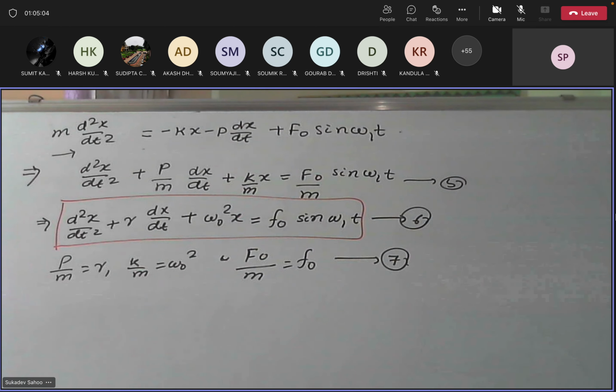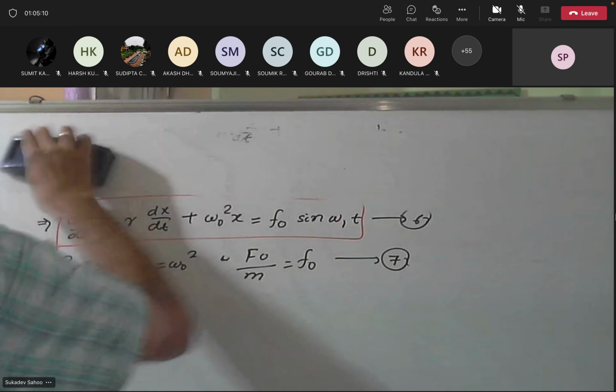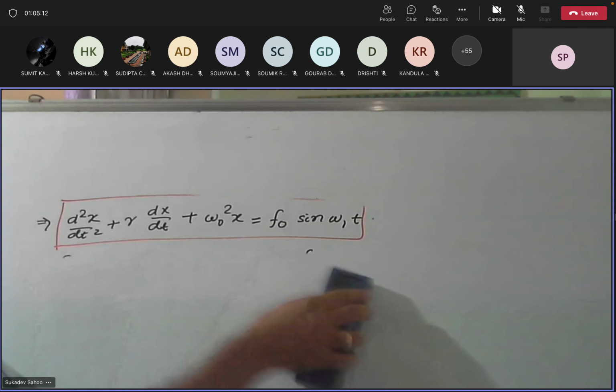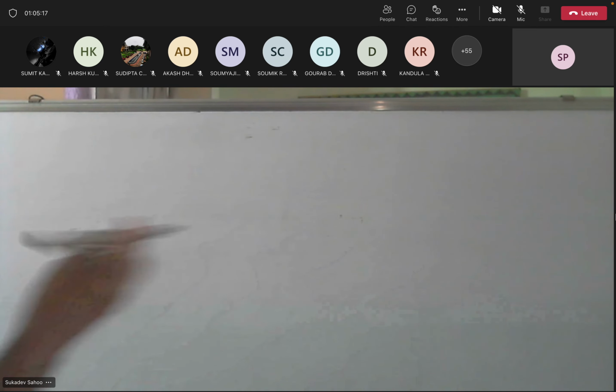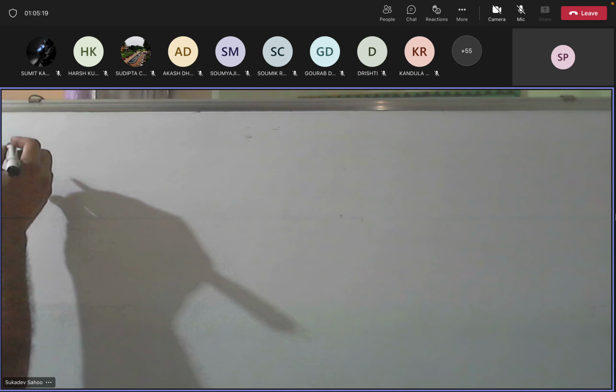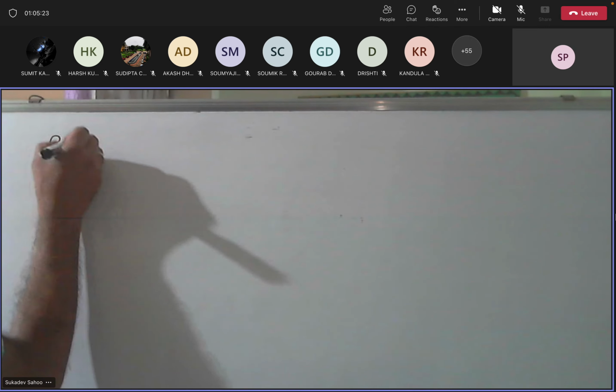One is the particular solution, known as the particular integral, PI.